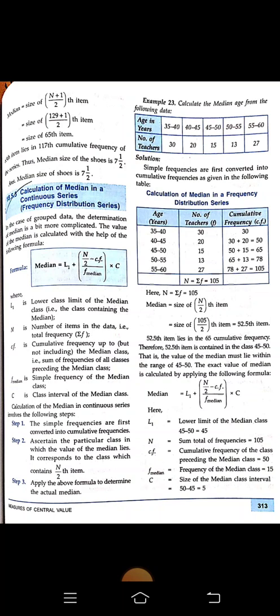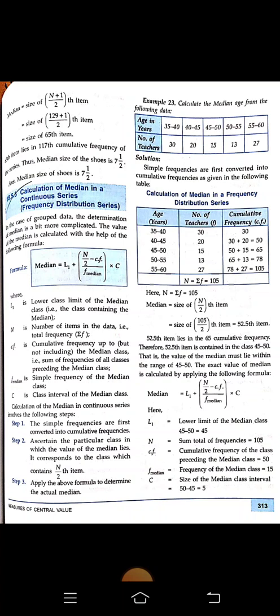Now the median is equal to the size of the n by 2 th item, that is the size of 105 by 2. This is the n, right? n is the total number of teachers. 105 by 2, we have to just exactly do the half, 52.5th item. So the 52.5th item lies in the 65 cumulative frequency.